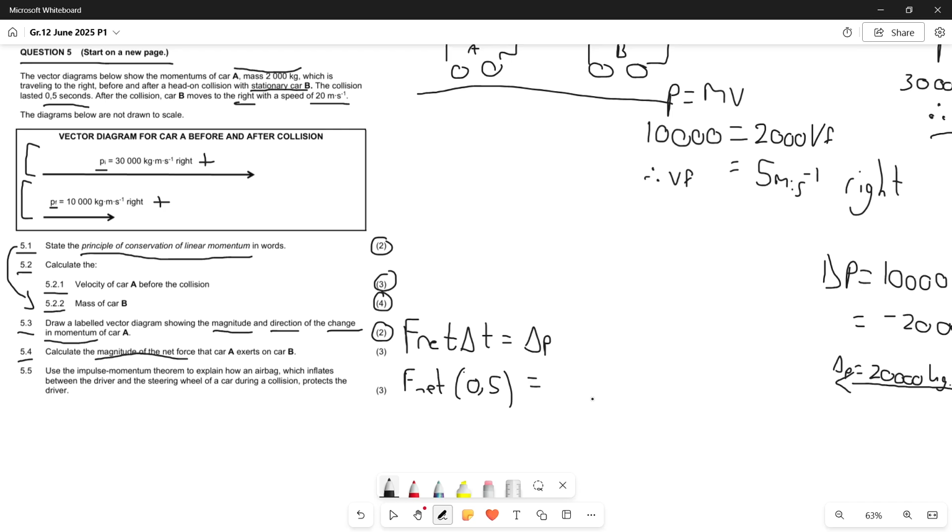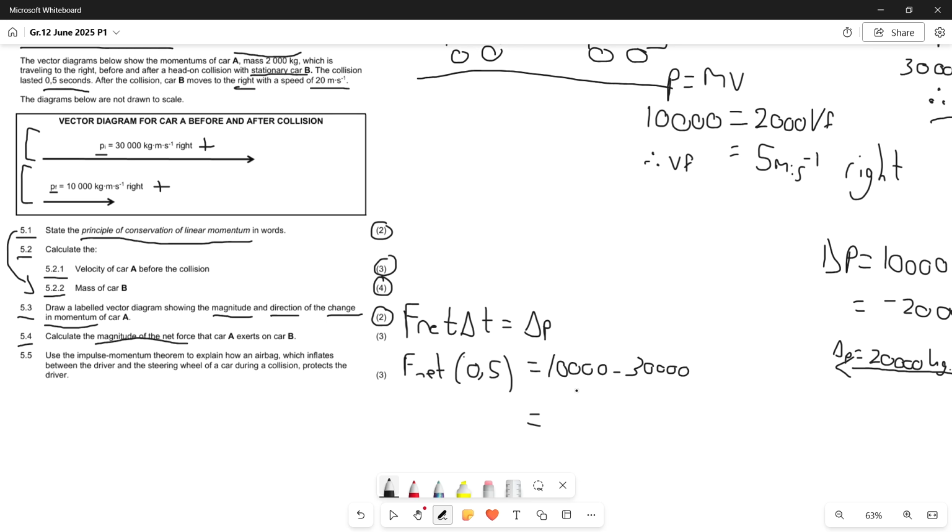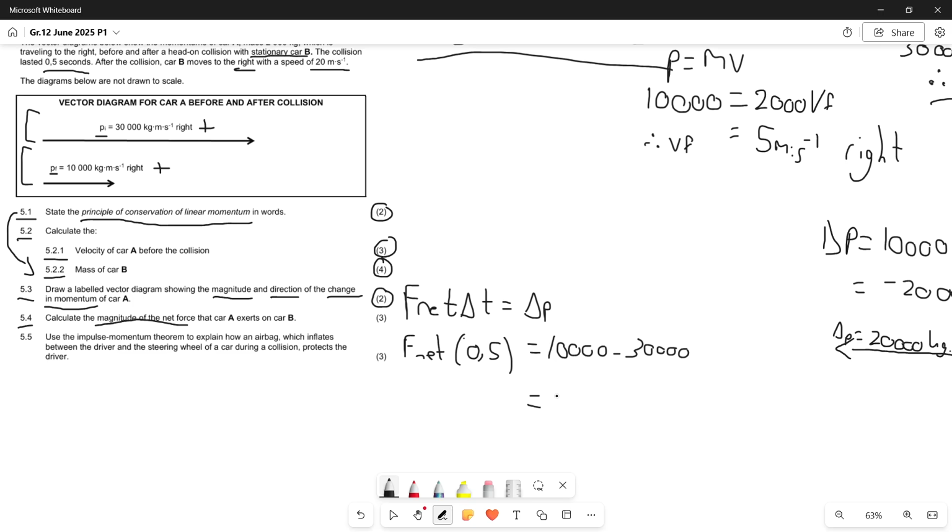And then delta P is what we calculated previously, but we can just go ahead and write that again. So it is the change in momentum, which means it is the final momentum minus the initial momentum. So it is 10,000 minus 30,000 over there. So then we can just solve for this. 10,000 minus 30,000 is minus 20,000, as we had already.